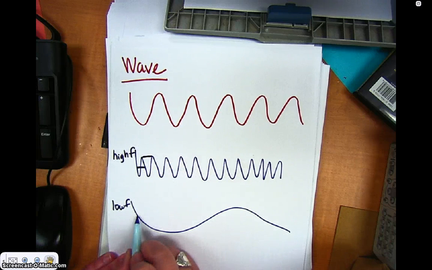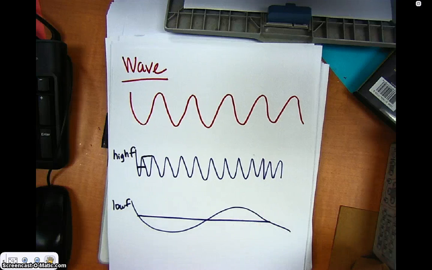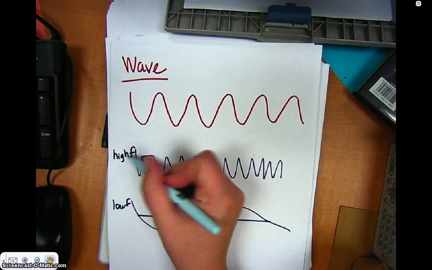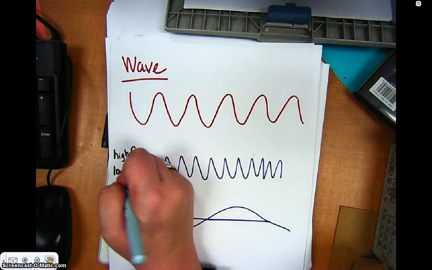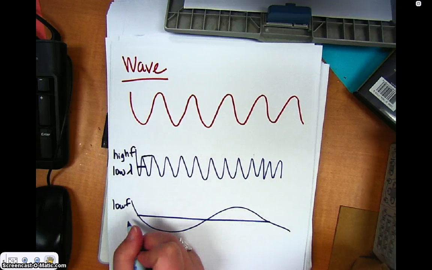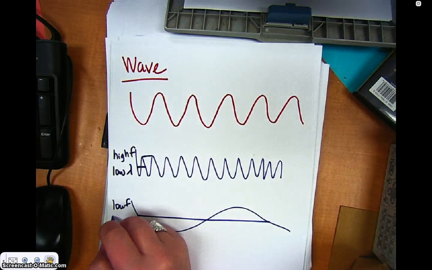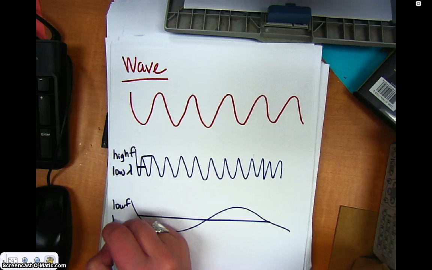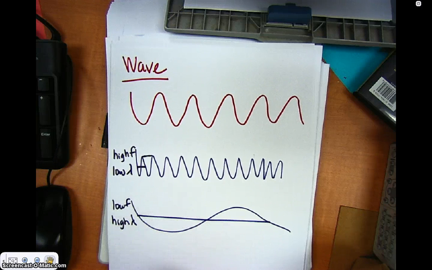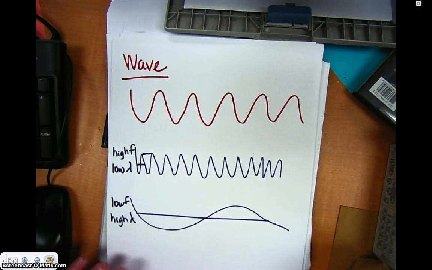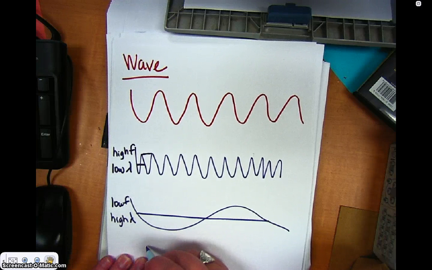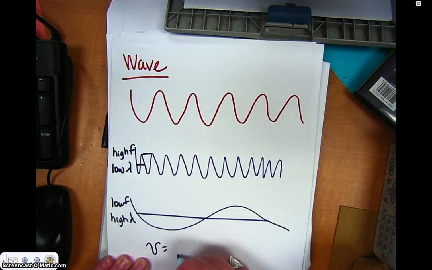Whereas a wavelength over here is really big. So when you have a high frequency, you actually have a very small wavelength. And when you have a low frequency, you have a very large, or we'll just say high or big wavelength. So they are inversely proportional to one another. And so that's why we get this equation of velocity equals wavelength times frequency.